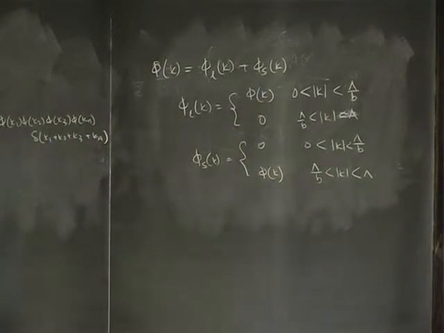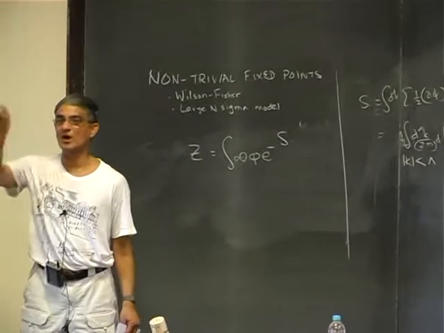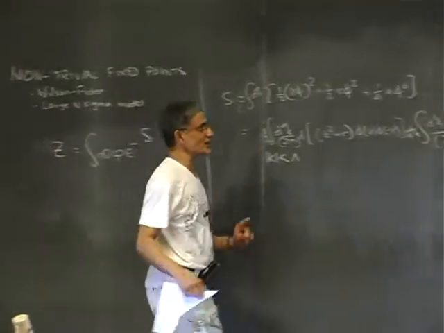This was exactly as we did in the Gaussian theory. We broke up, I mean, there we were using units in units of the original cutoff. So we had the original momenta lying between 0 and 1. We broke it up to 0 to 1 upon b and then 1 upon b to 1. Okay? That's exactly what I have done here.